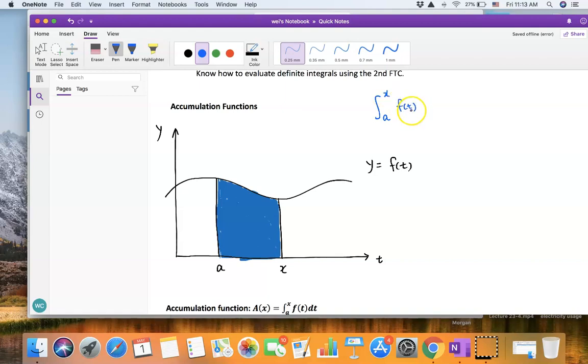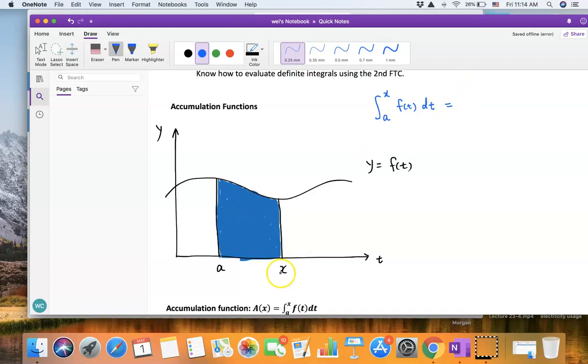Since the input variable is t, when I write the integral here, I write dt. So this gives me the area of this region.